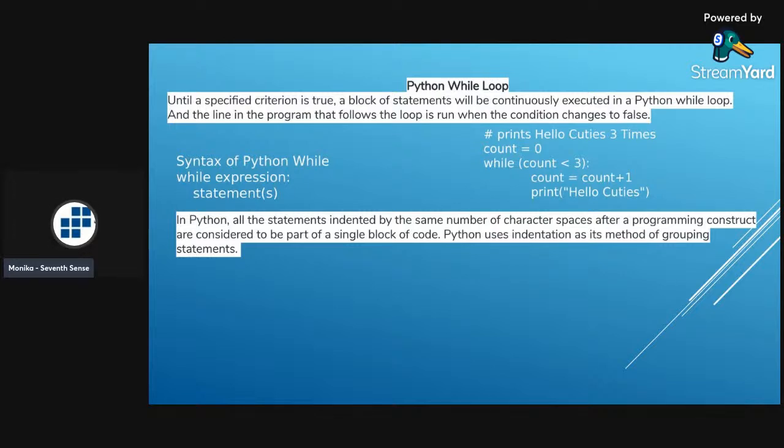Until a specific criteria is true, a block of statements will be continuously executed in a Python while loop. So we'll have n number of criteria or conditions. Until the condition gets satisfied, it will keep on looping. Take down this definition.